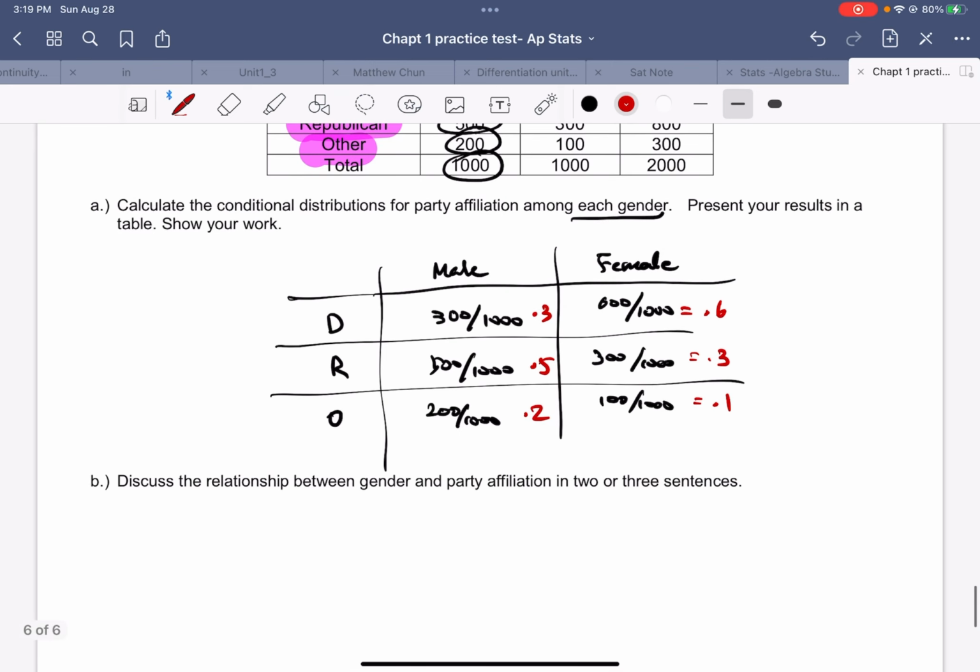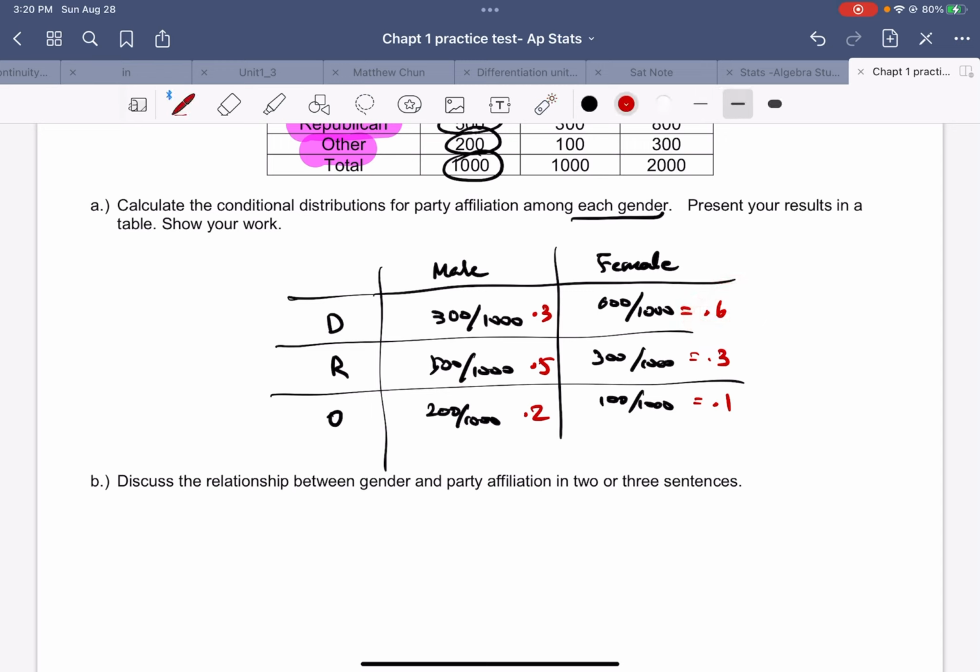Now B, discuss the relationship between gender and party affiliation in 2 or 3 sentences. Okay, so you can write this way. Obviously, for the male, the majority is Republican, right, out of this. So for male, Republican is a majority. For female, Democrat is a majority.